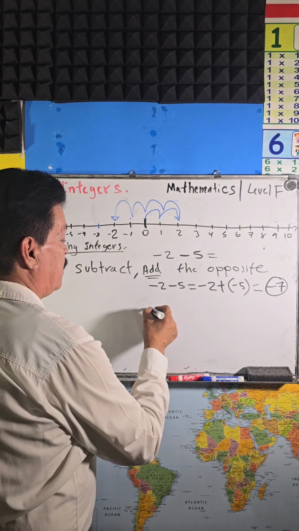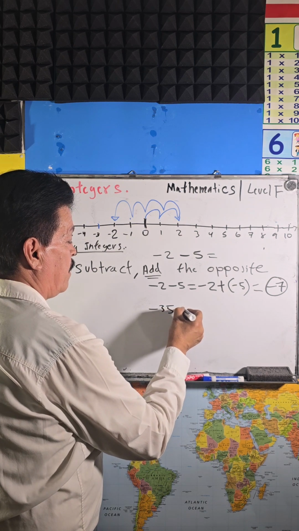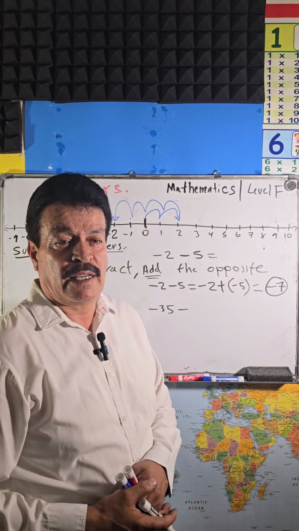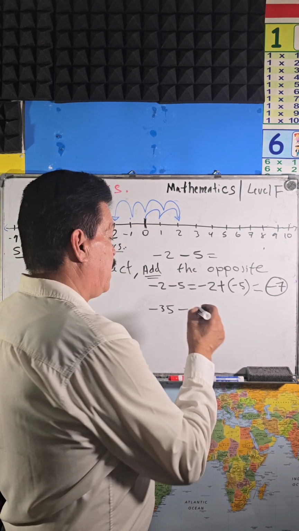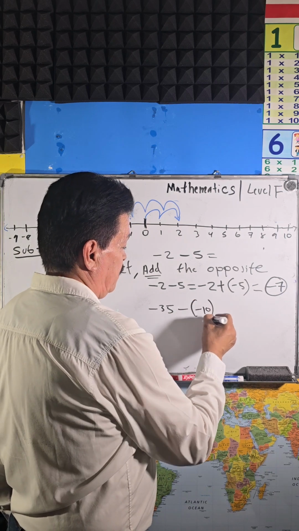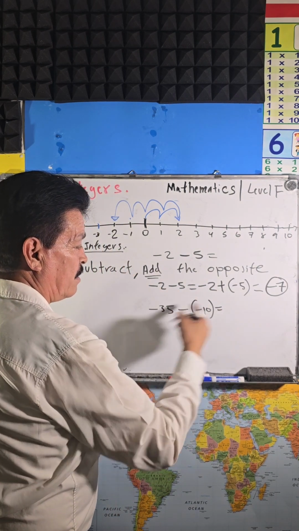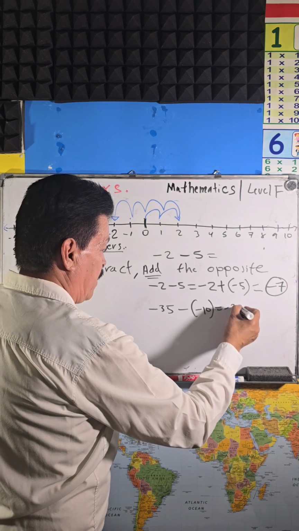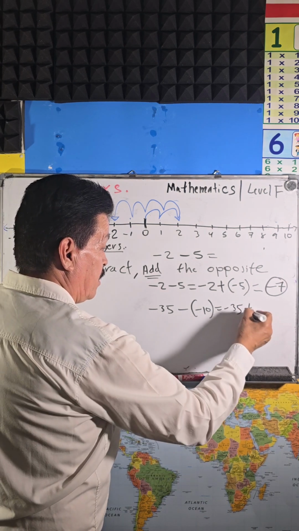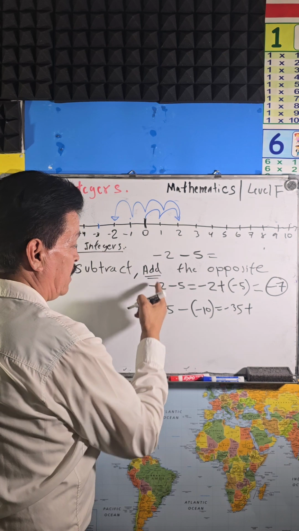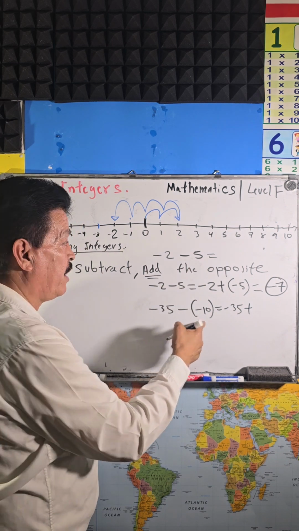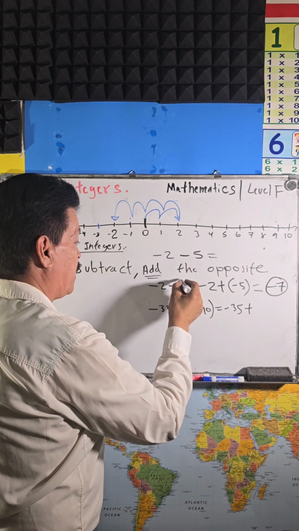See? So let me write another example. Negative 35 minus negative 10, to apply this rule. The first one, just write it the same, negative 35. Then we have to add. What is the opposite of negative 10?